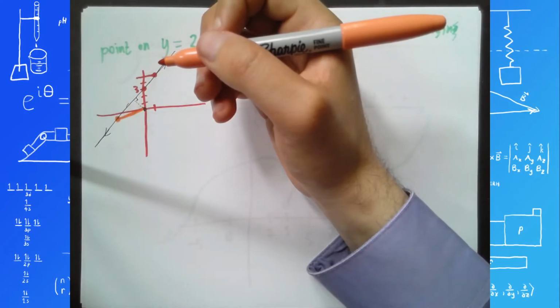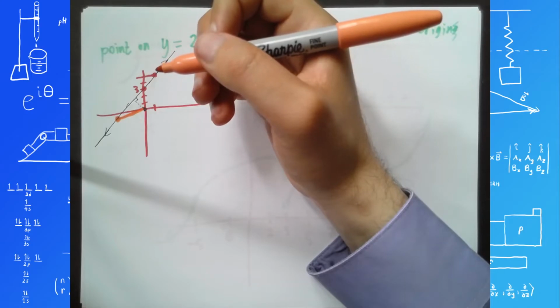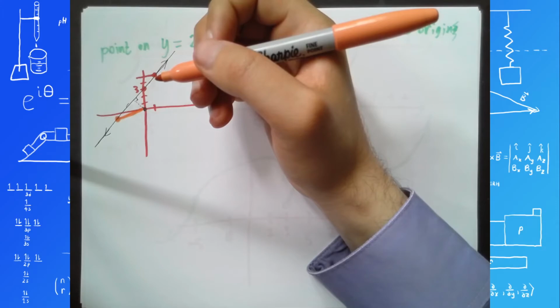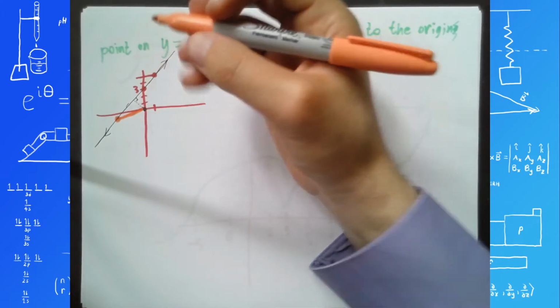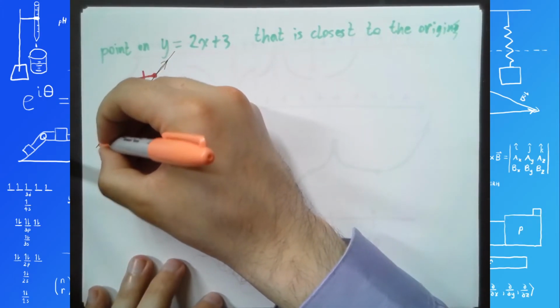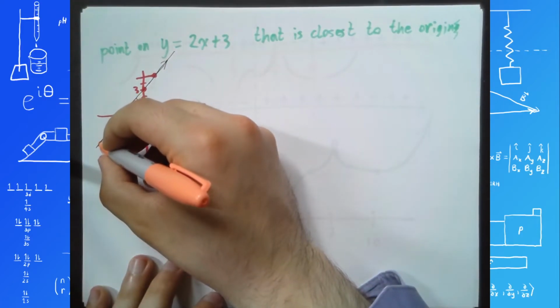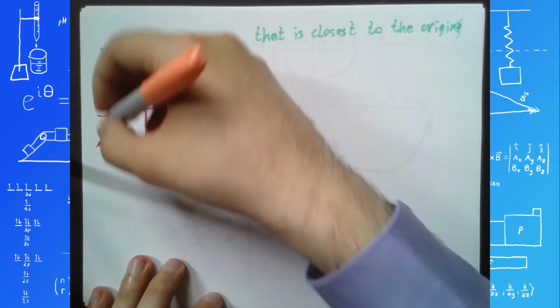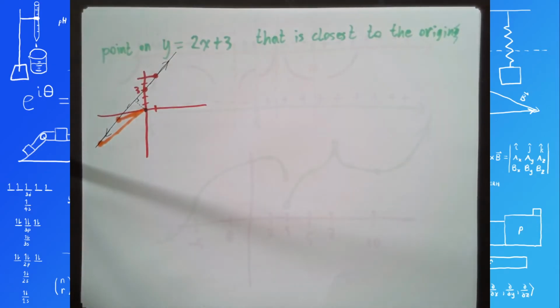Actually, let me pick a different arbitrary point. Let's say I pick a point here, because that'll be easier to illustrate. Okay. You know what? Let me just redraw this whole thing all over again. It's probably going to be easier that way.